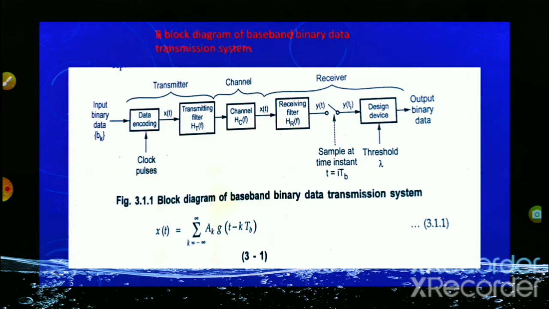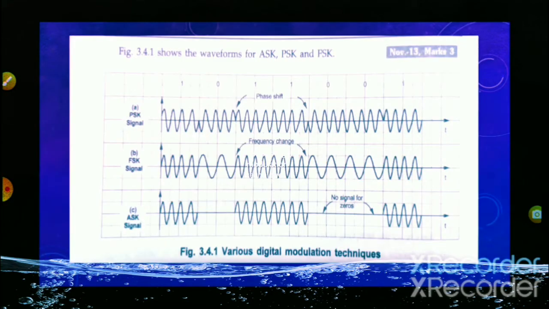Receiving filter, which receives and removes unwanted noise. And the next, which will be given to the what? Sample and hold circuitry to take the digital data. Then the decision device, then the threshold input will be given, then the output will be binary data.